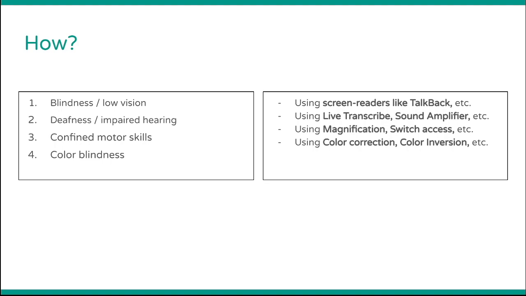So magnification can help in those cases. Finally, color blindness. If someone has a particular form of color blindness, then using a service like color correction and color inversion, we can make sure that the application is accessible to them.